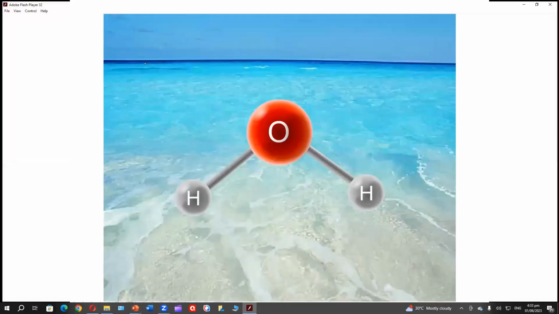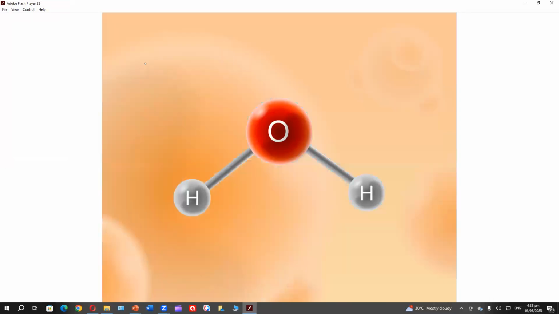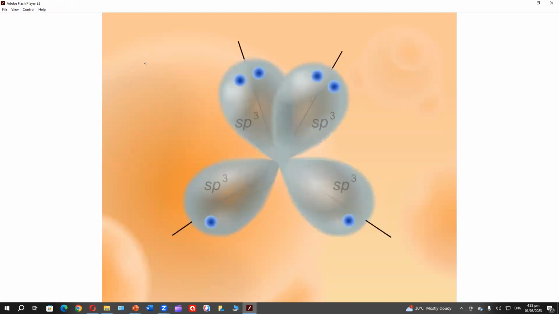The water molecule is non-linear, with a bond angle HOH of 104.5 degrees. The bent shape of the water molecule can be explained in terms of sp3 hybridization of the oxygen atom. 2 of the 4 hybrid orbitals present contain single electrons and form covalent bonds with hydrogen atoms. The other 2 orbitals contain lone electron pairs.